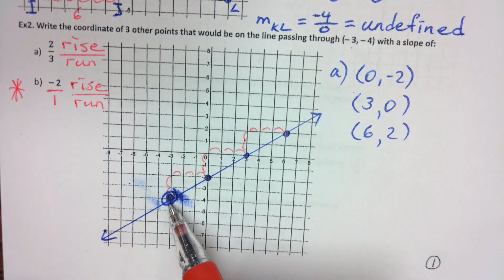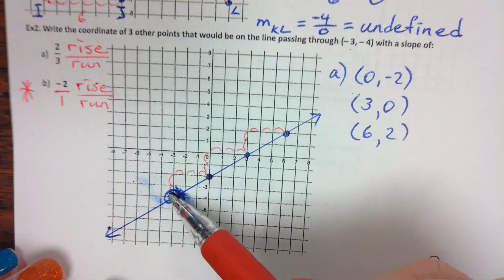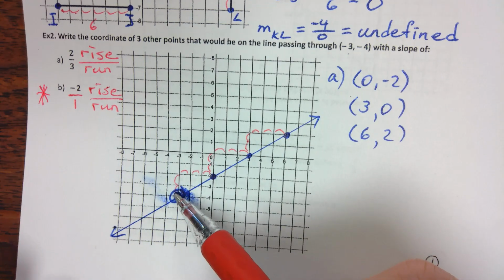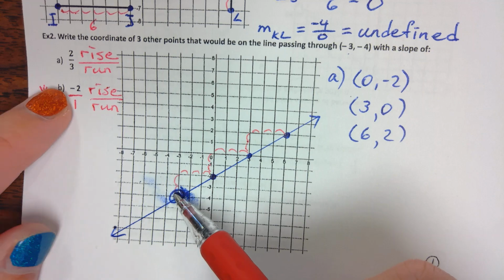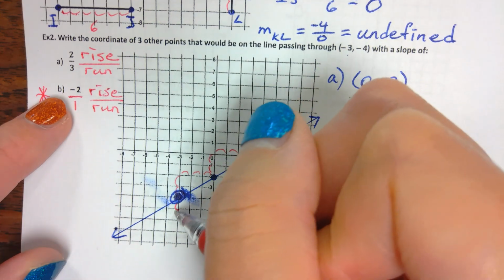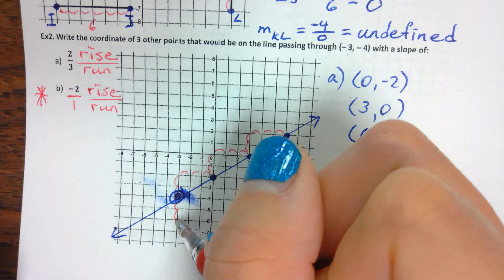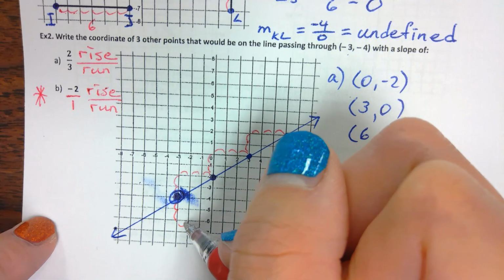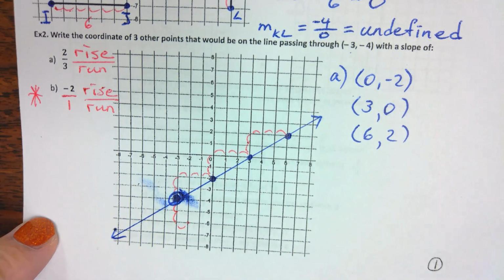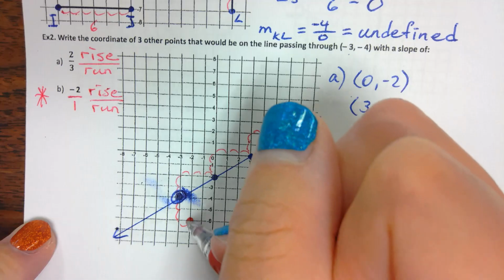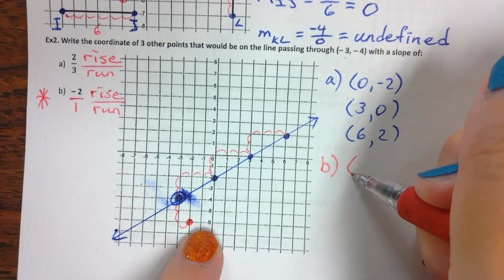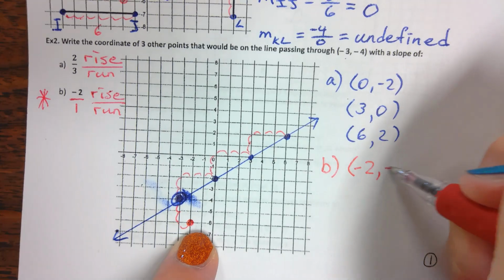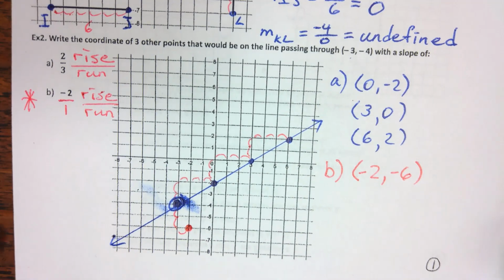So from this point, what am I doing? I'm going to go down 2, and then 1 to the right, right? Which brings me to this second point, which is -2, -6.